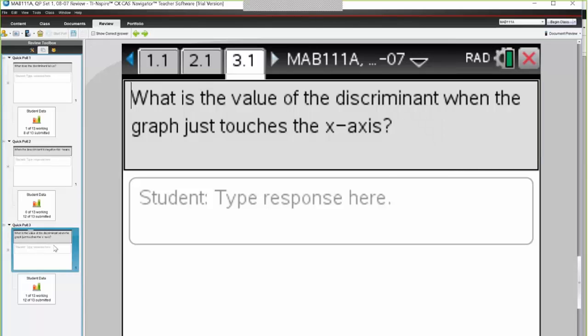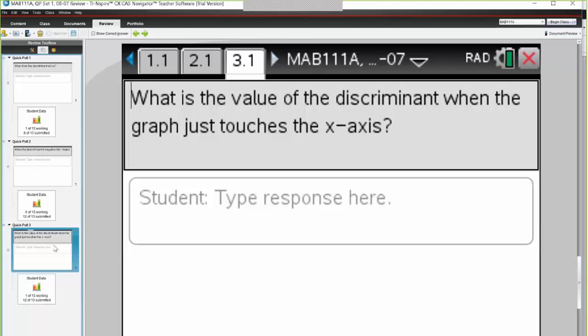Then I asked them, what is the value of the discriminant when the graph just touches the x-axis? What I liked about this question is, one, it's looking at whether they are paying attention to the question that's been asked, or have they formed their own question in their mind. What I was looking for here is the value of the discriminant.